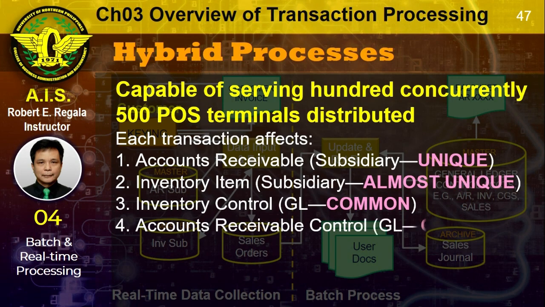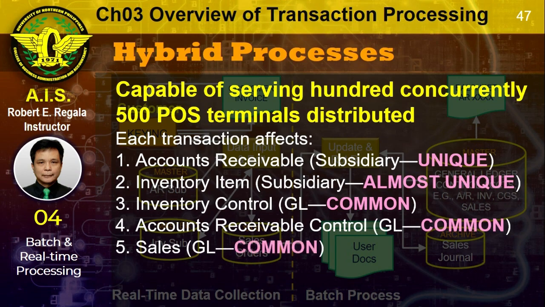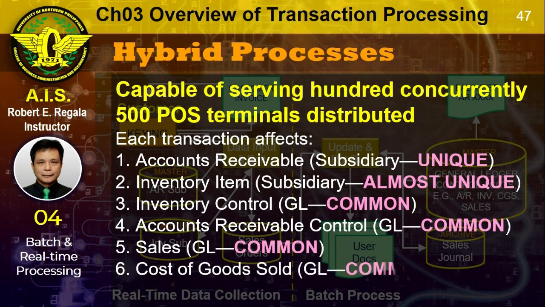The account receivable control file in the general ledger master file is also common. The sales account in the general ledger master file is also common, and the cost of goods sold account in the general ledger master file is also common.